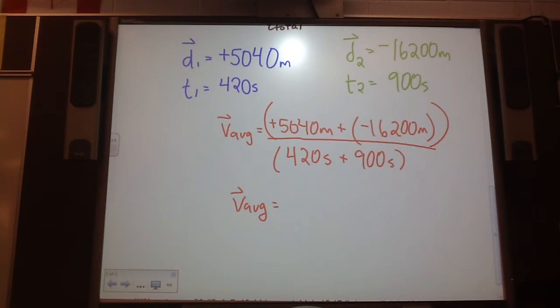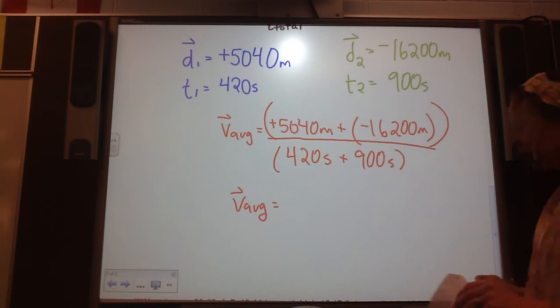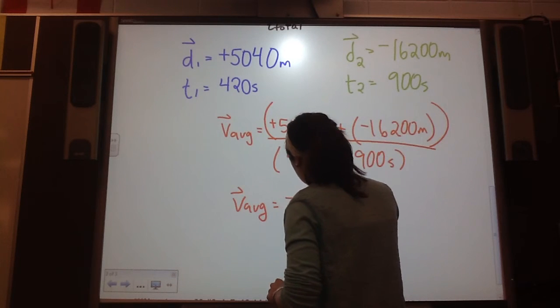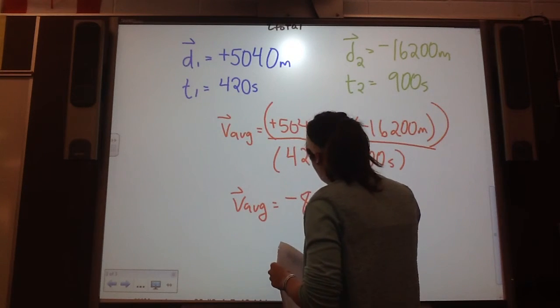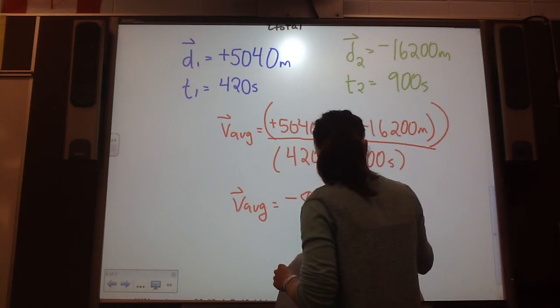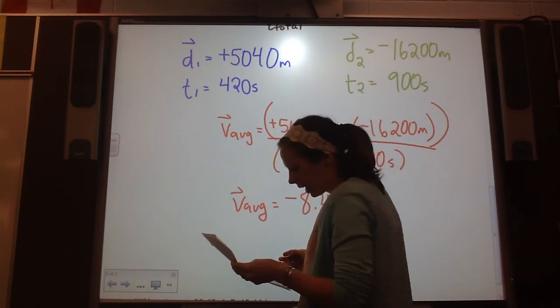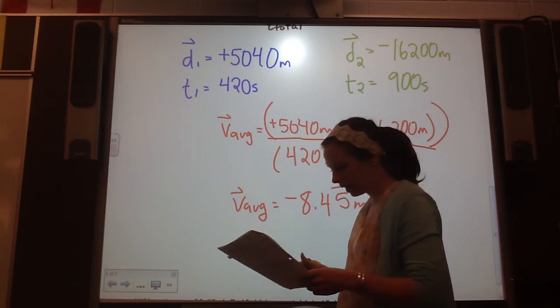So, what do we get? I got 8.45 repeating. Should it be negative? It should. Yeah, negative, very important. Negative 8.45 repeating meters per second. It's not appropriate to leave that as is.